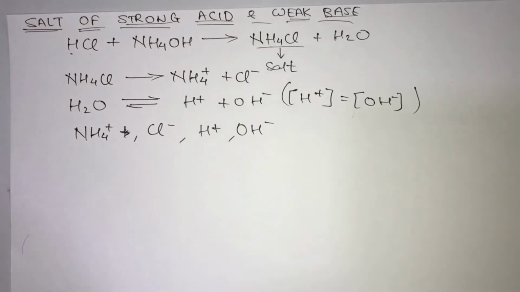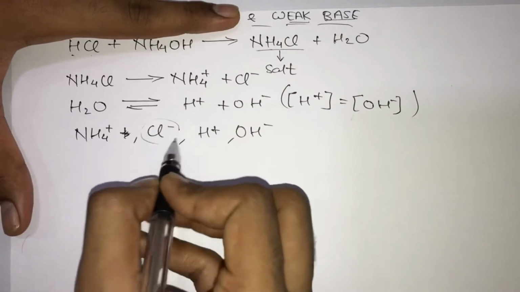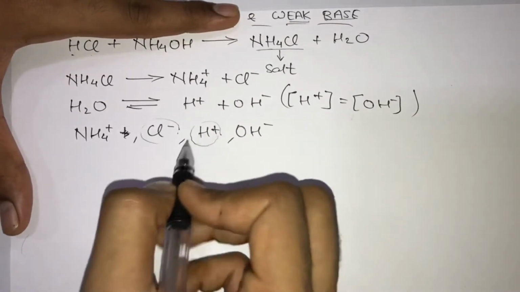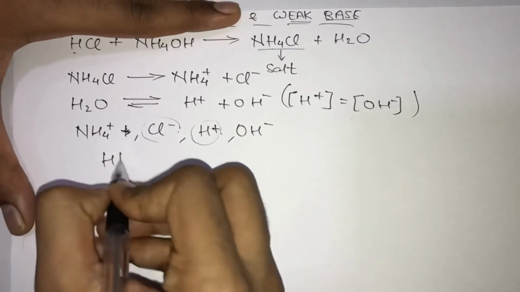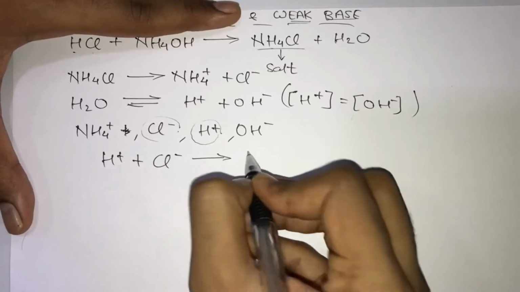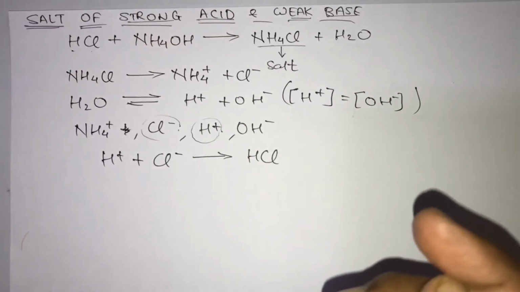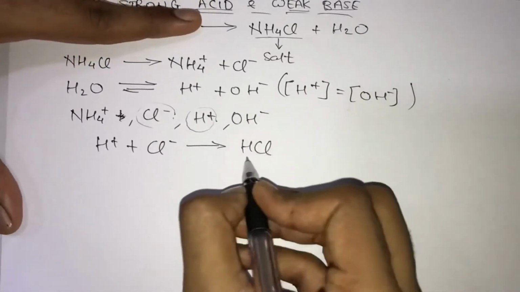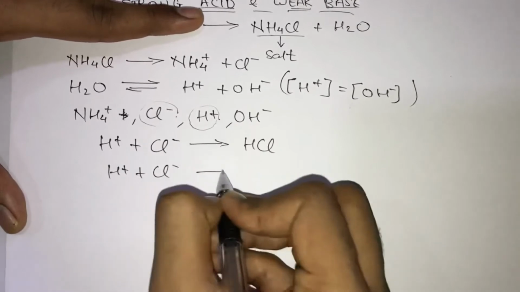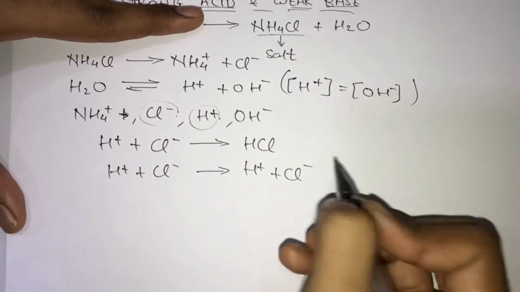Now guys, there is a possibility that this Cl minus, which is negatively charged, might combine with the H plus ion to form an ionic compound. So there is a possibility that this H plus will combine with Cl minus to give us HCl. But guys, as we have seen just now in the previous concept, HCl being a strong electrolyte, it dissociates back into H plus and Cl minus.